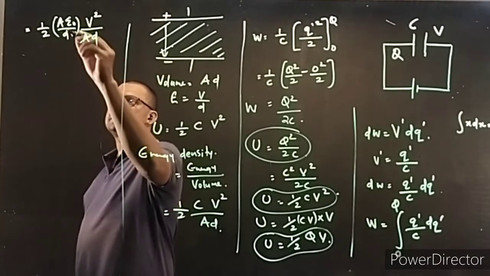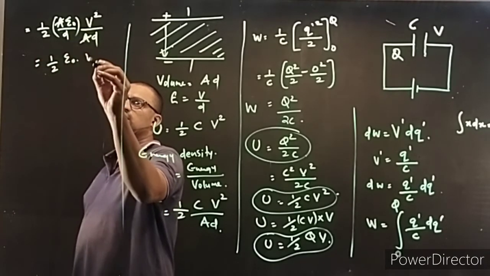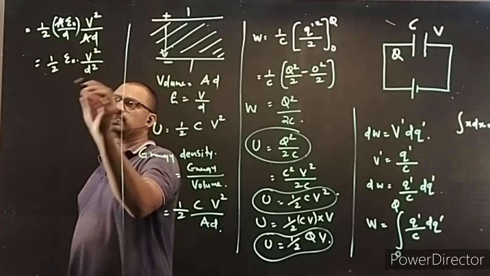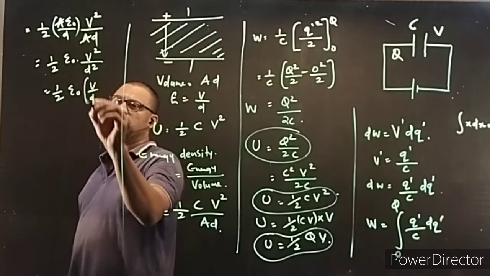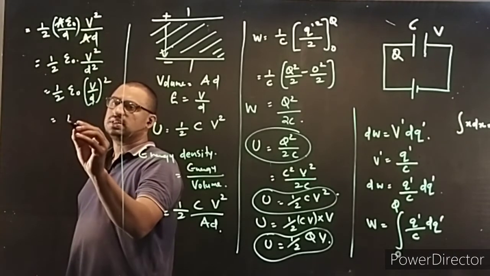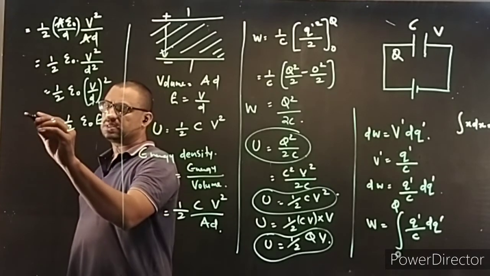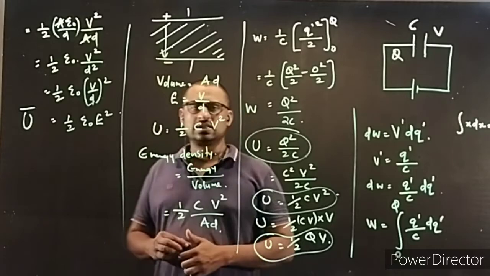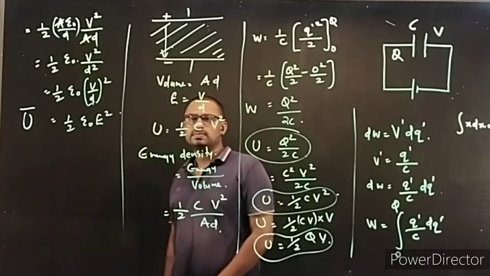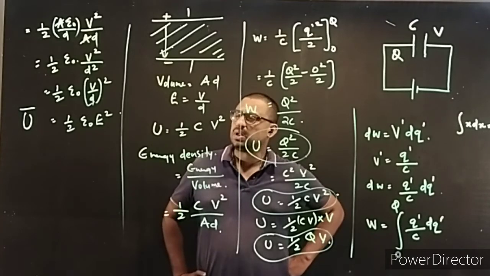You can cut the A and it will be half epsilon 0 V square by D square, that is half epsilon 0 V by D the whole square, that is half epsilon 0 E square. This is energy density, U bar, or energy stored per unit volume.